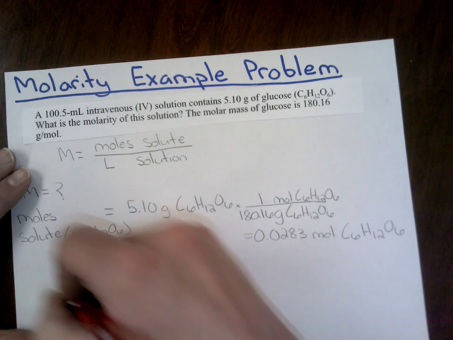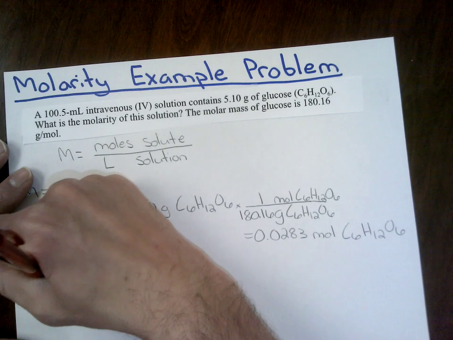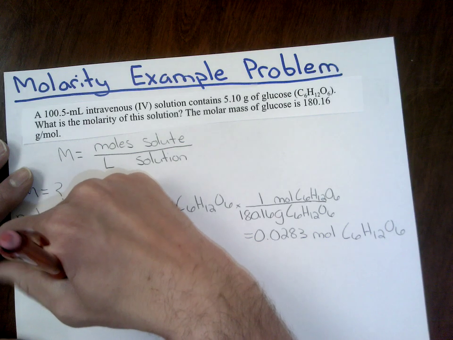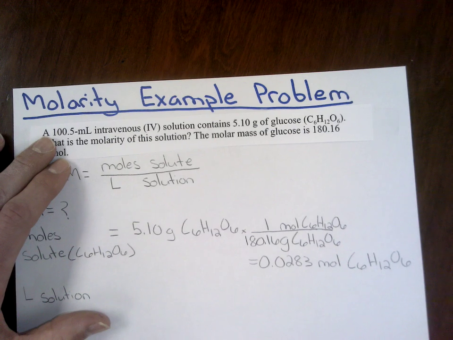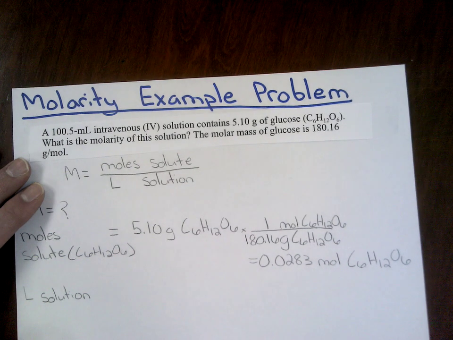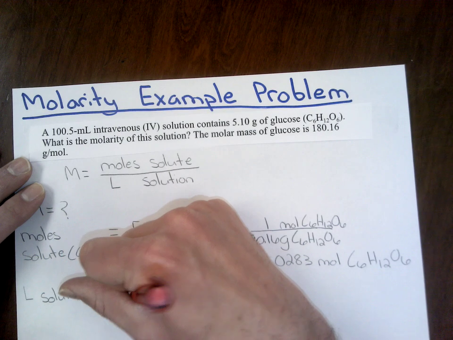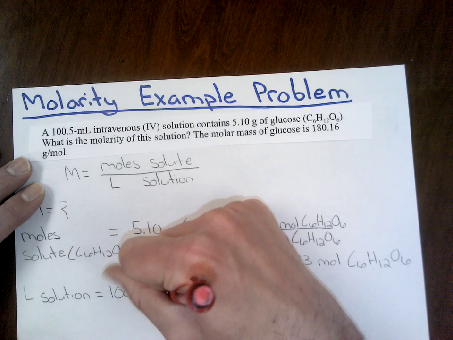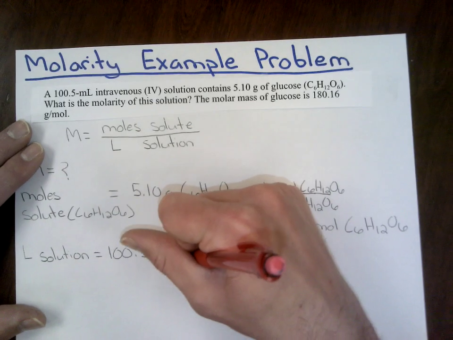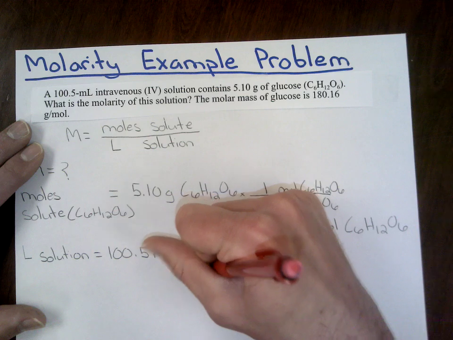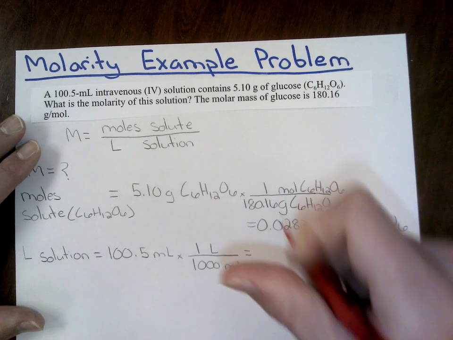We need to find liters of solution. So again, our liters of solution. Liters is not given, but we are given a volume unit, which is 100.5 milliliters. From that 100.5 milliliters, we can find the amount of liters in our solution. So what we're going to do here is divide by 1,000 to get it into units of liters.